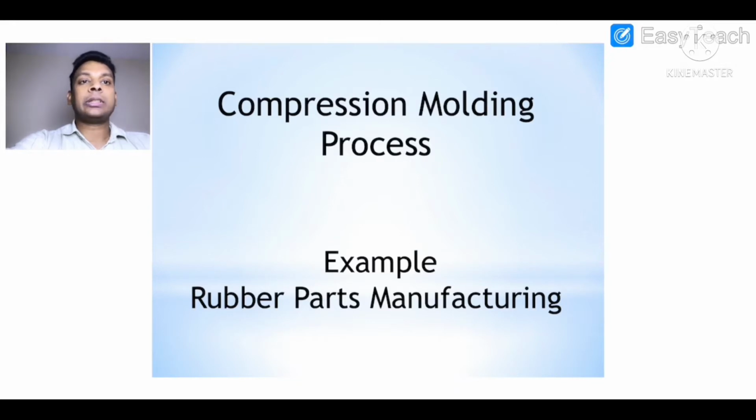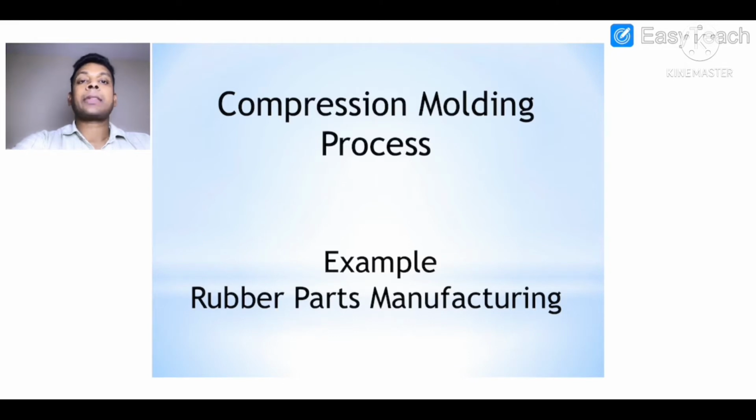Today's topic is the compression molding process, and in today's session we have taken the example of the rubber parts manufacturing process, because as I already told you, this manufacturing process is used for plastic parts as well as rubber parts.